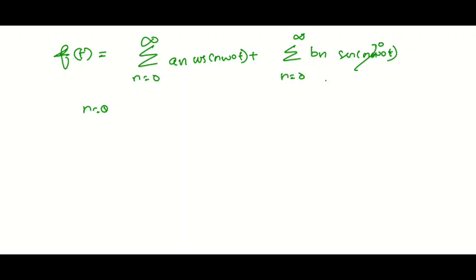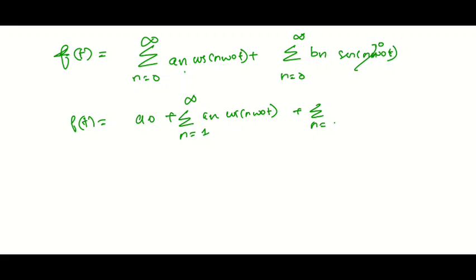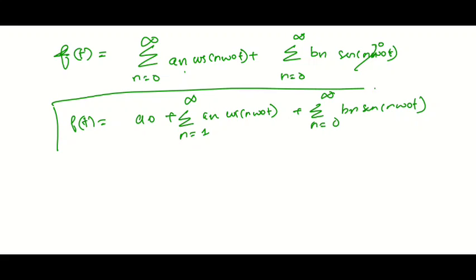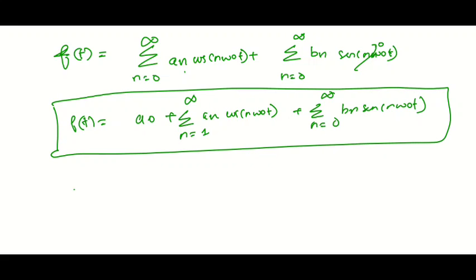This component will be 0 and this will be equal to a0 only, right? So I'll write a0 just outside, and the rest will be sigma n is equal to 1 to infinity an cos n omega 0 t plus sigma n is equal to 1 to infinity bn sin n omega 0 t. So this is the final formula for a Fourier series expansion. Please keep this in mind.